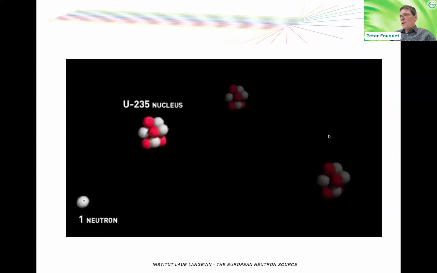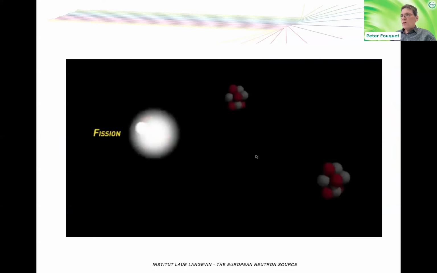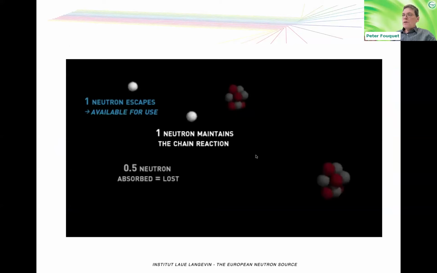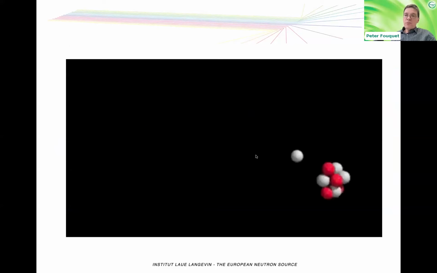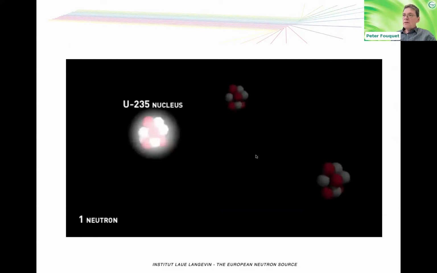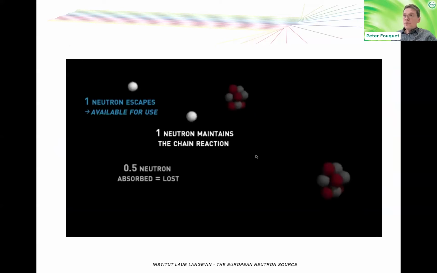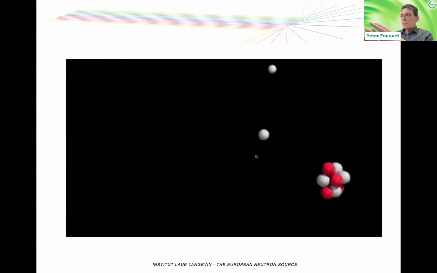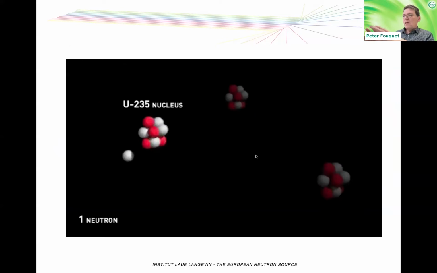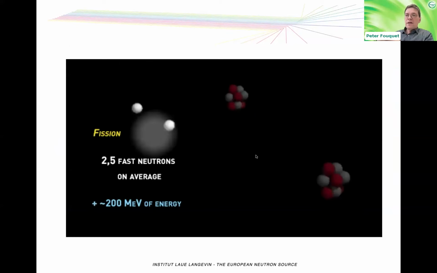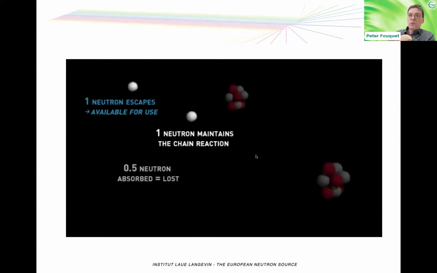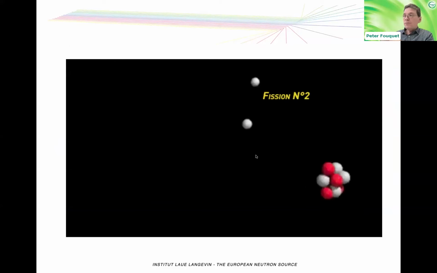Now I have a little animation of first how the neutrons are created. So whenever you have a fission process, we create 2.5 fast neutrons. And these neutrons, they can partly be extracted, and part of them are used to maintain the nuclear reaction.